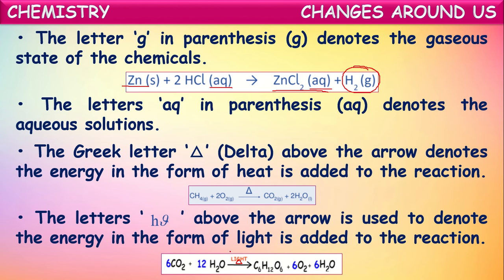Sorry, it is not delta, it is H nu. H nu is written on the arrow mark to represent the absorption of light energy for the formation of products. In this way, this all indicates certain symbolic representations of the chemical equation.